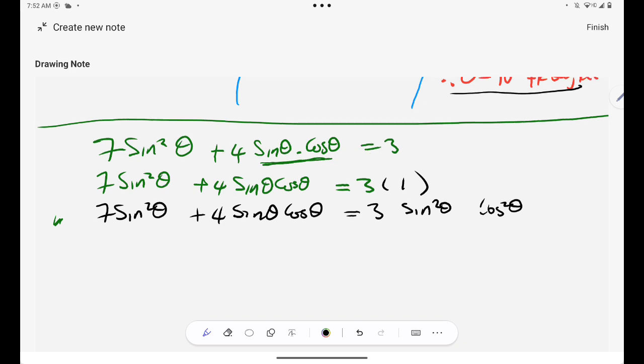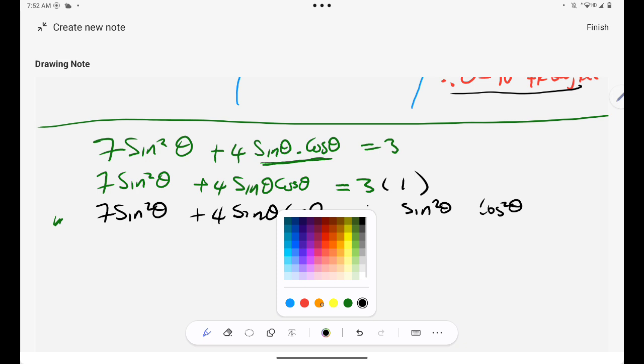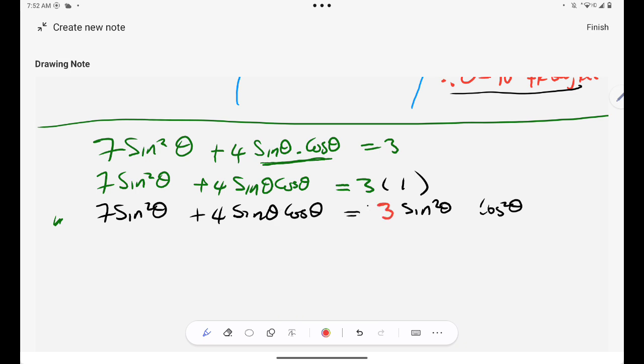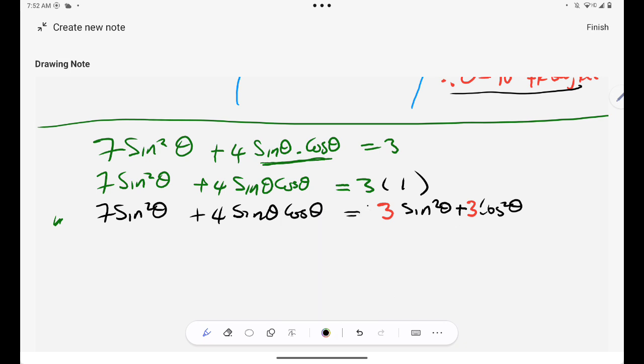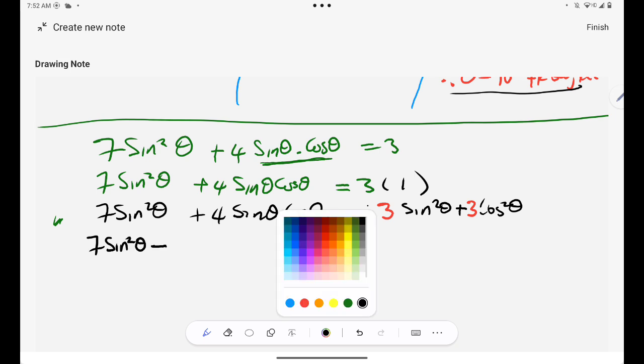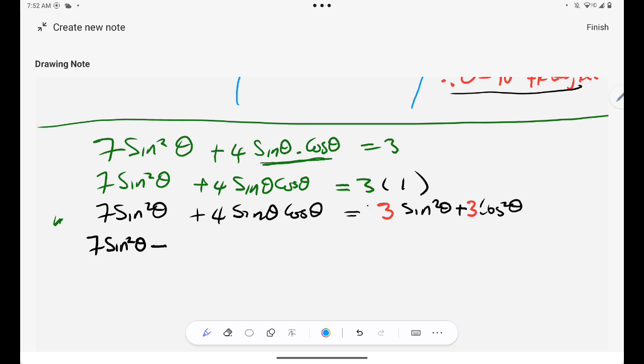So basically on the right hand side we have 3 sine squared theta and 3 cos squared theta. Are you together? Now let's bring everything to standard form. We have 7 sine squared theta. The ones that I'll write in blue come from the right hand side.